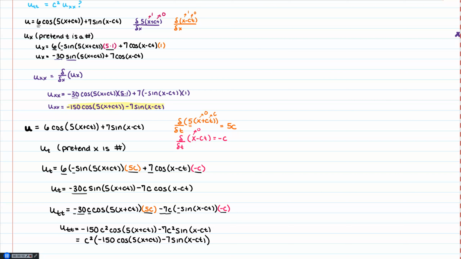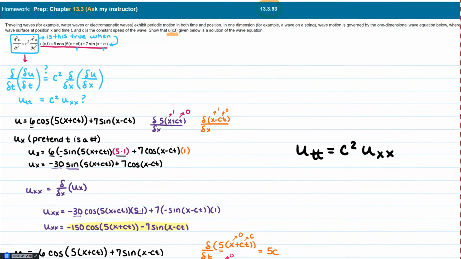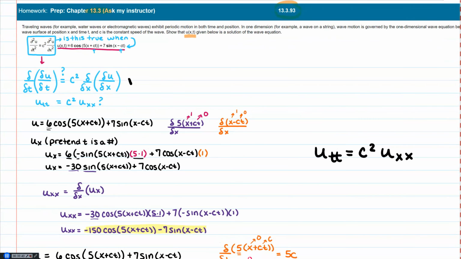U sub xx was minus 150 cosine of (5x plus ct) minus 7 sine of (x minus ct), and that's exactly this thing here. So it turns out that u sub tt is equal to c squared times u sub xx. And that's exactly what we wanted to prove here.